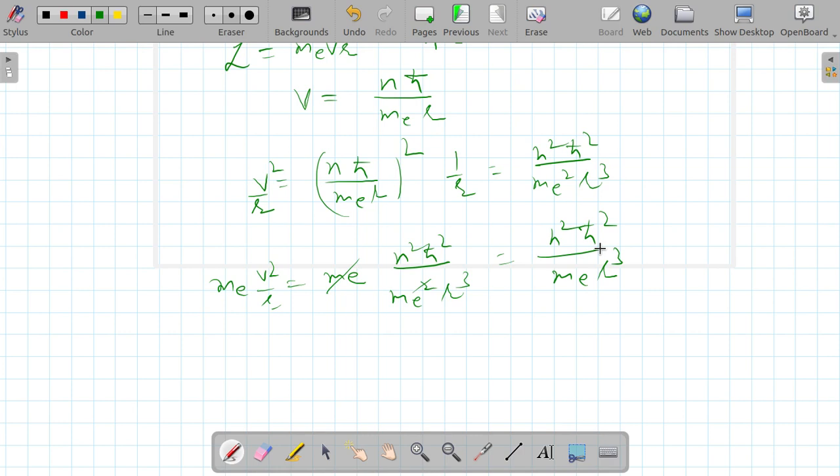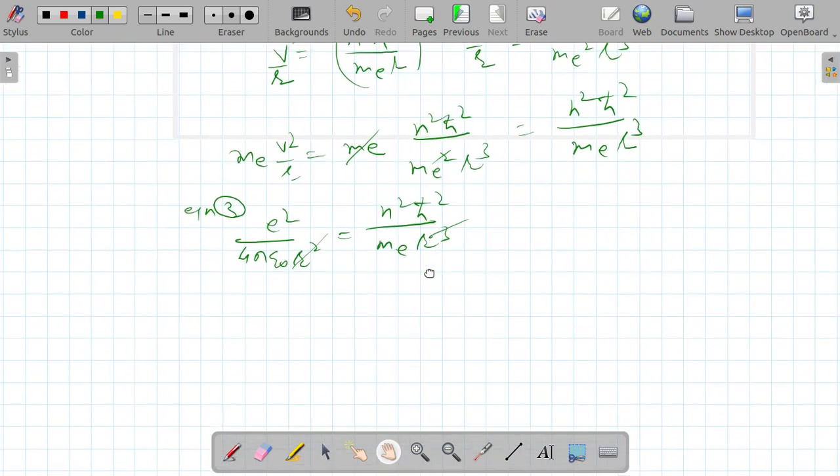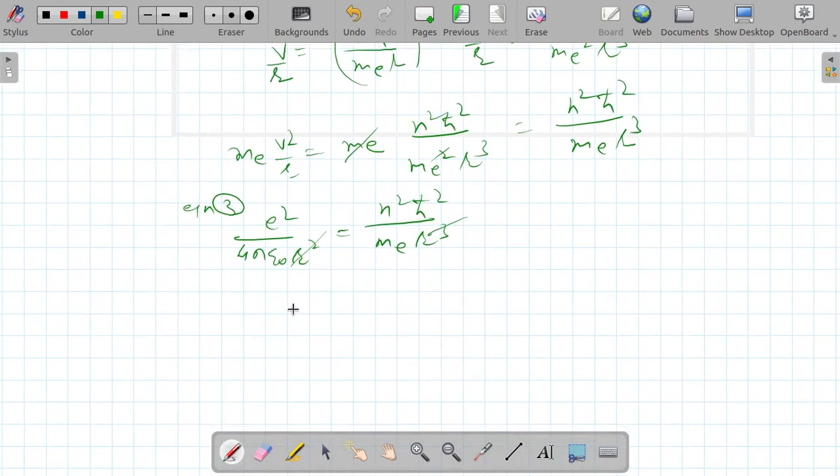Right, so if I use equation number 3, then using this, e square over 4 pi epsilon naught r square is equal to n square h cross square over me r cube. This r will cancel out with it. So that means e square over 4 pi epsilon naught equals n square h cross square over me r.